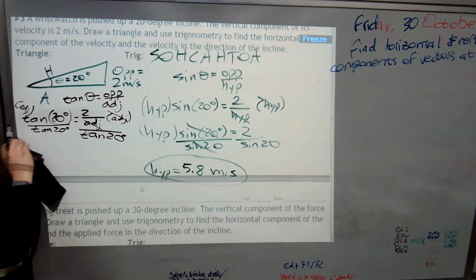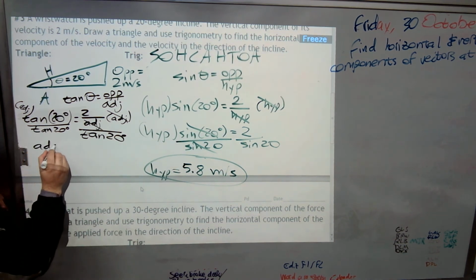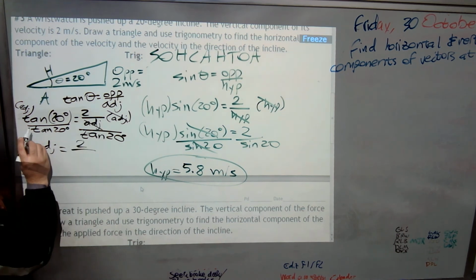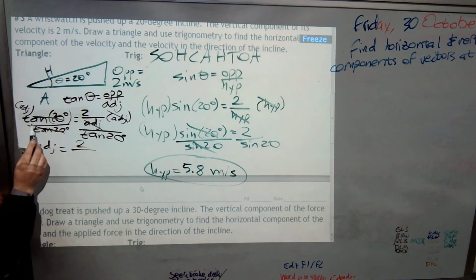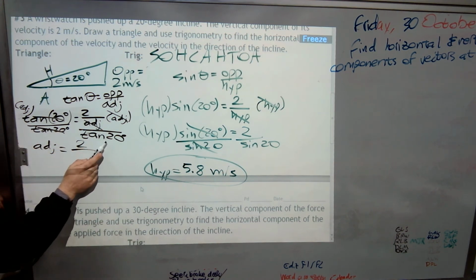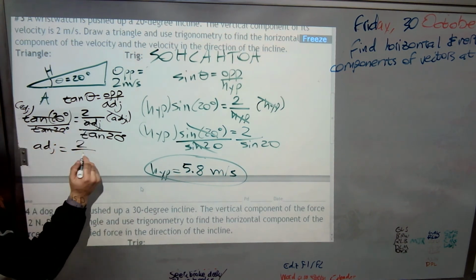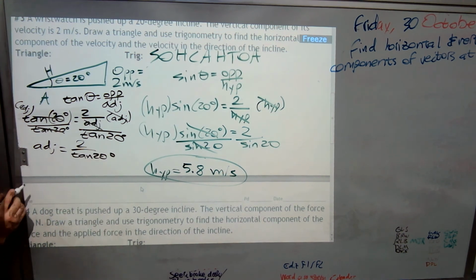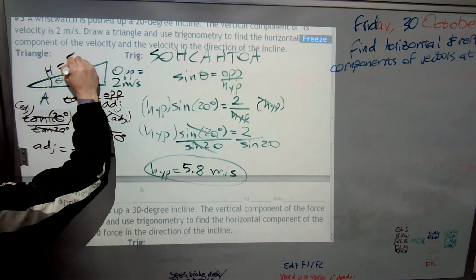So let me rewrite what we have there now, since everything's all jumbled together. So the adjacent, since these canceled, all that's left over here is adjacent. All that's left over here is 2 over tangent of 20. So if I do that in my calculator, that'll be my other side, and then I'll be done. Let's see, I can write my hypotenuse up here already.